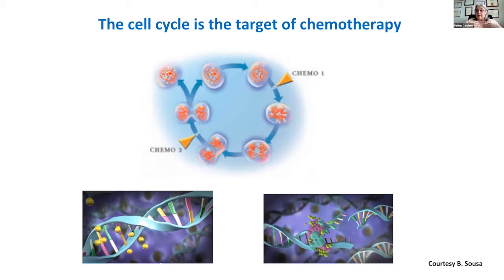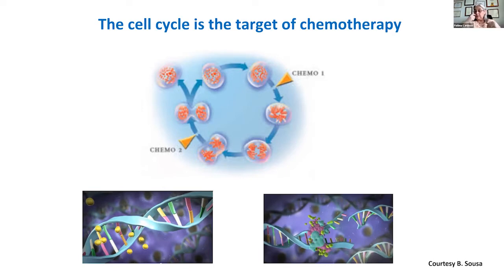So if we think, what are the cells in our body that divide quickly? Our hair. It's always growing, right? And that's why one of the side effects of chemotherapy is affecting the hair, also the nails, because the nails are also growing all the time.